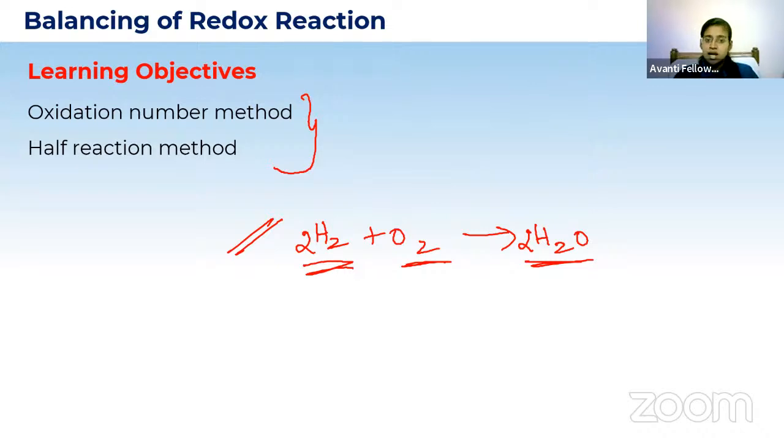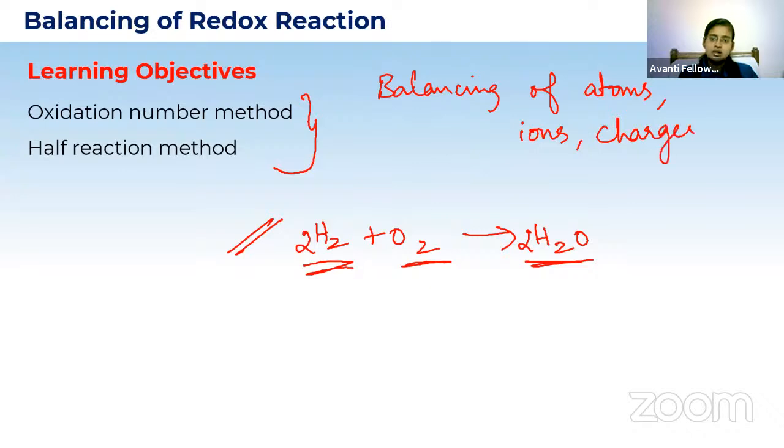But redox balancing involves balancing of atoms, balancing of ions, and balancing of charges. All these three things have to be balanced.